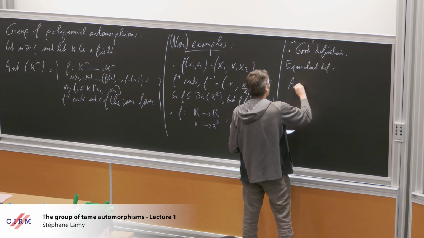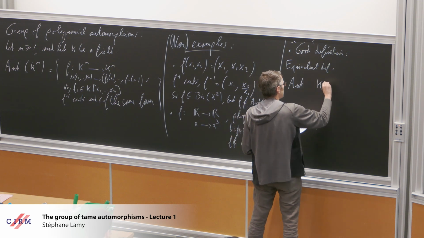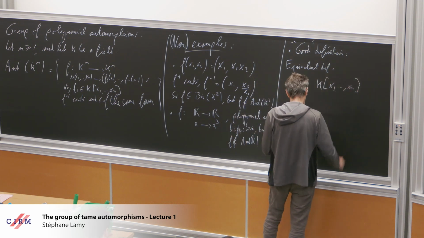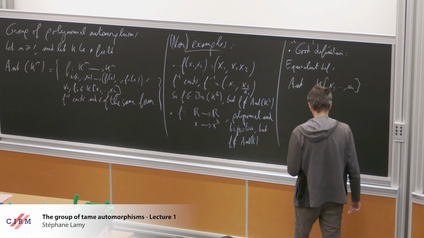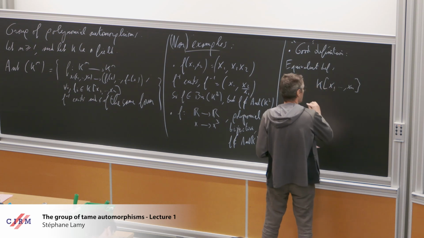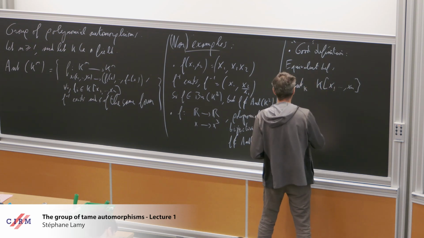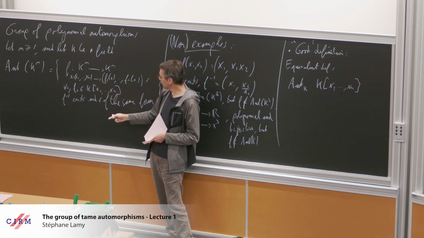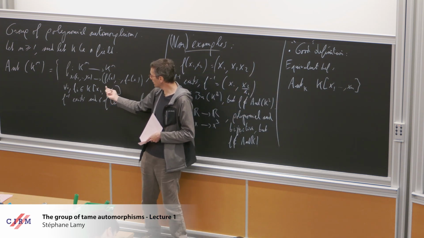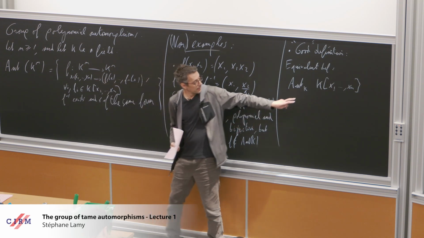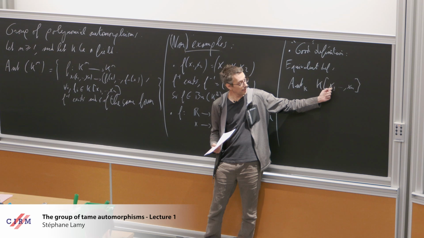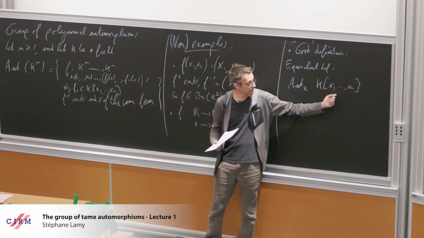You look at the automorphism of the algebra of polynomials, maybe preserving the constants. So if you have f1, ..., fn defining a polynomial automorphism, you should think that it also defines an automorphism of this algebra by substitution. You replace x1 by f1, replace x2 by f2.